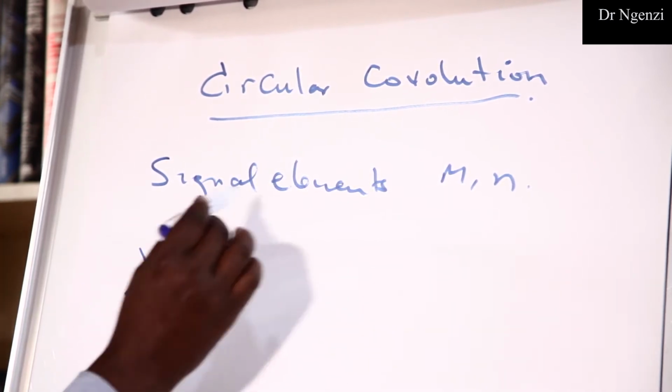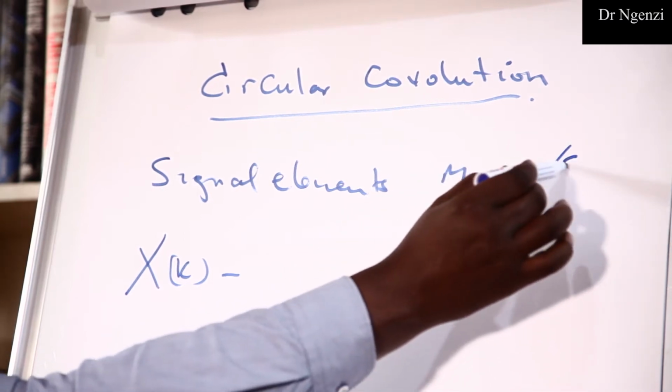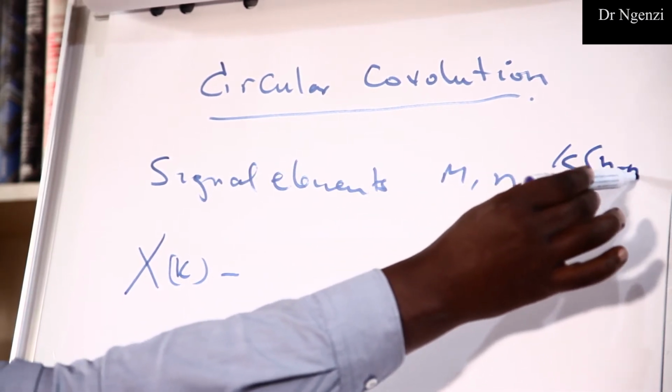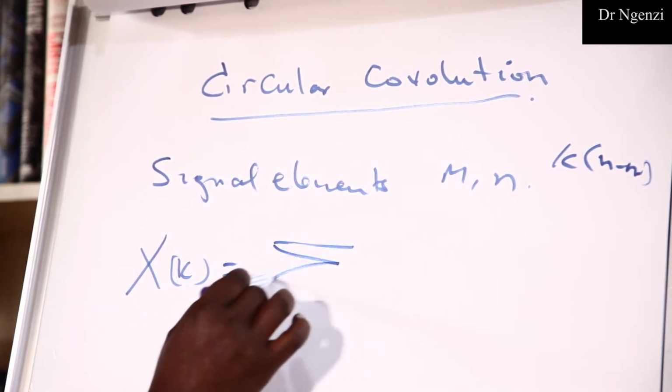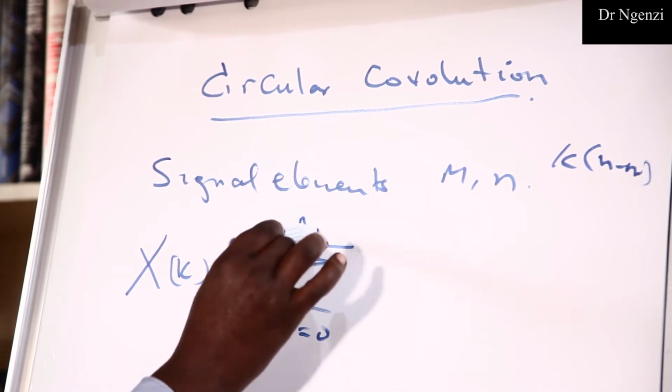K can range, for example, from n minus m. It's going to be x of n, from 0 to n minus 1.